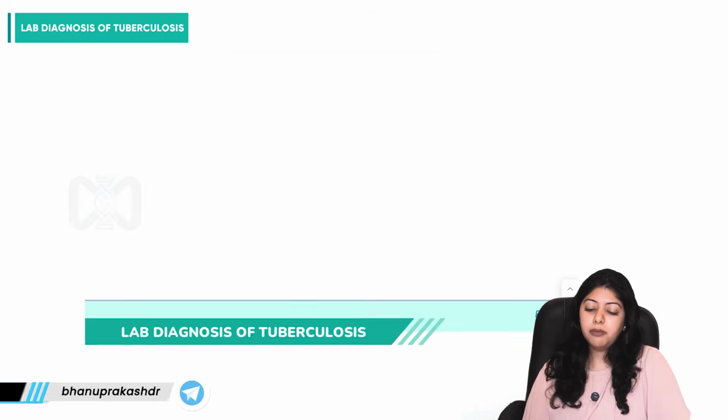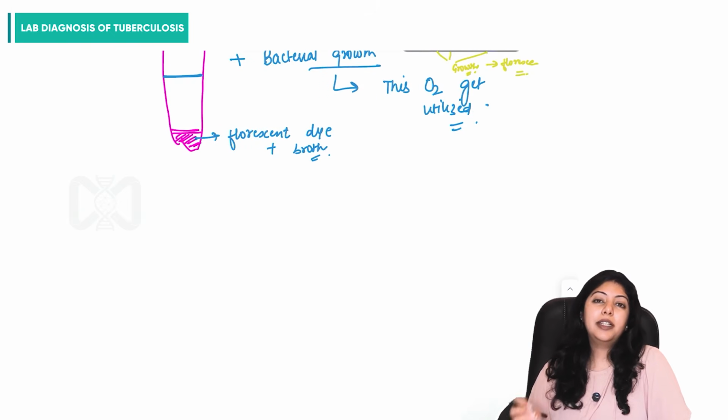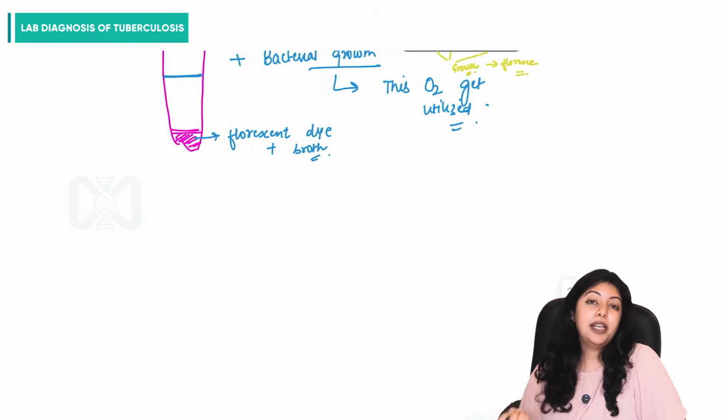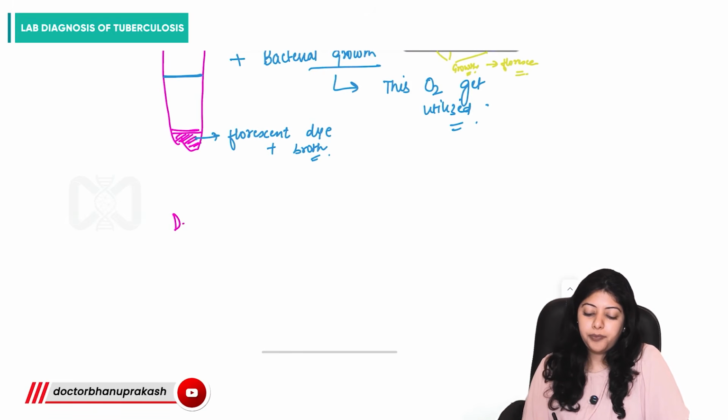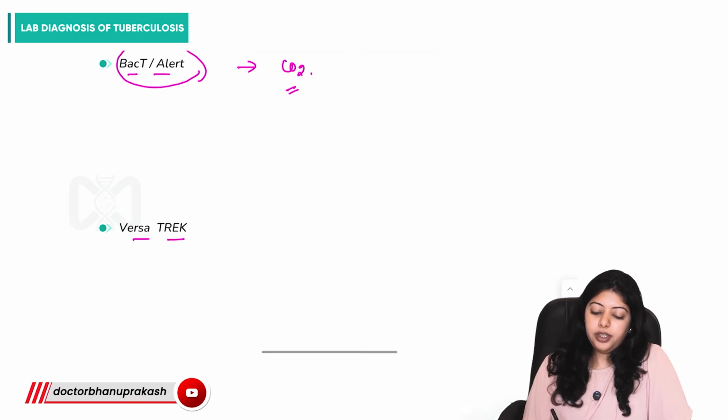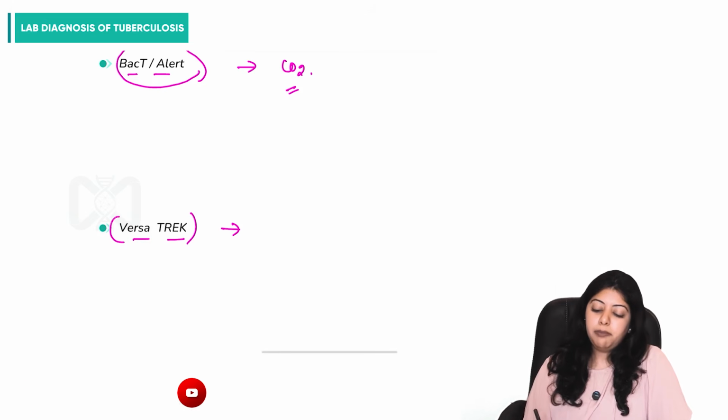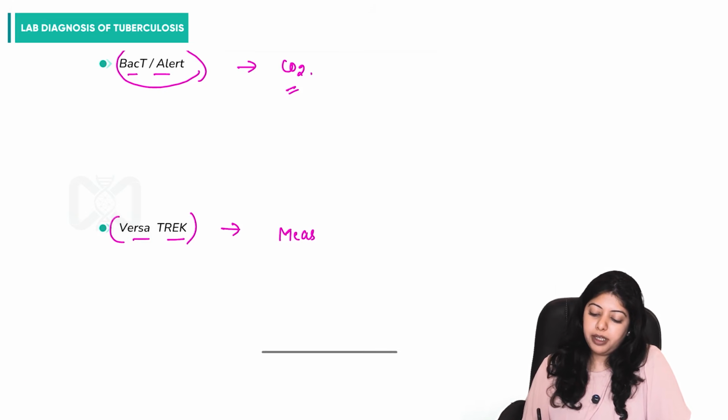One important thing: MGIT not just detects the presence of mycobacterial growth, it is also used to detect resistance, if any.